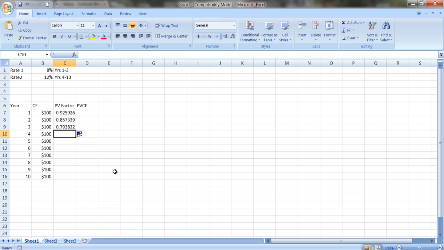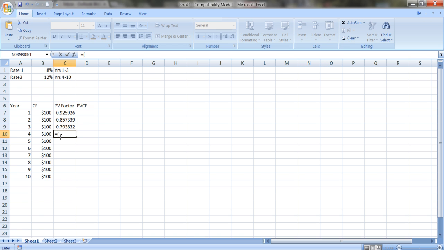Now for period 4, again, what's common I've found with students is they want to discount this cash flow by 12% for all 4 periods, but that's not correct because the first 3 years you only had an interest rate of 8%. So we have to put 2 numbers in here.